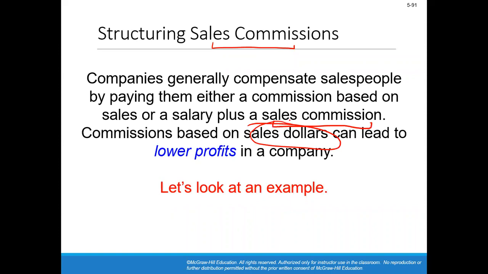That is a mistake. The variable sales commission cannot be directly related to sales dollars. It is a mistake in the sense that if you do this, you will have a lower profit.